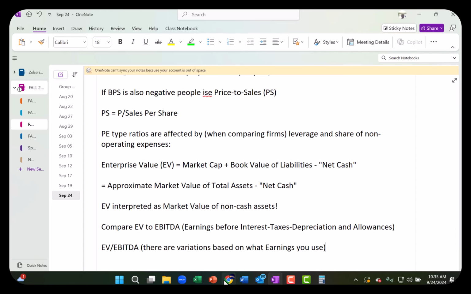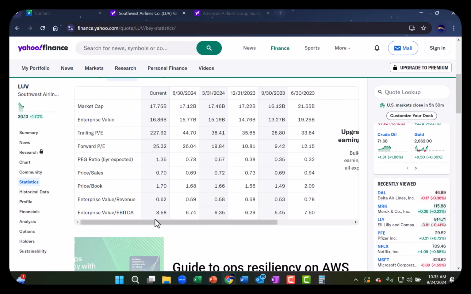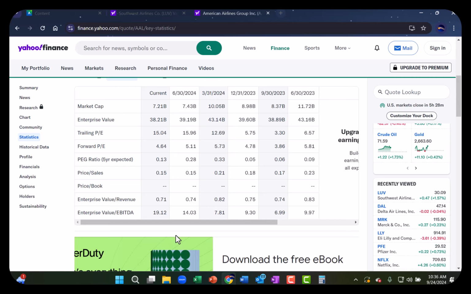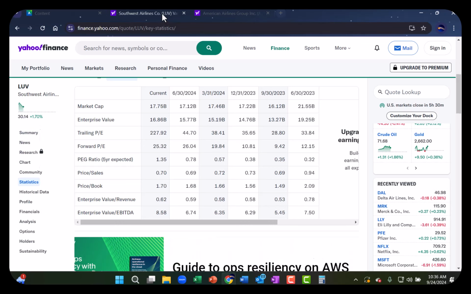But just for the hell of it, let's look at EV over EBITDA for Southwest, 858, American, 1912. Well, it looks like Southwest is actually cheaper. But based on forward PE, Southwest is more expensive. Why? Because of the leverage.